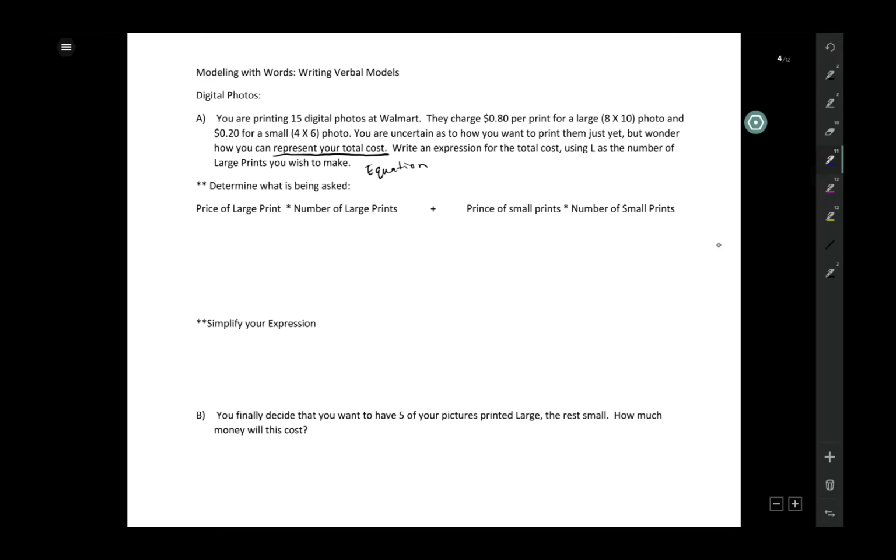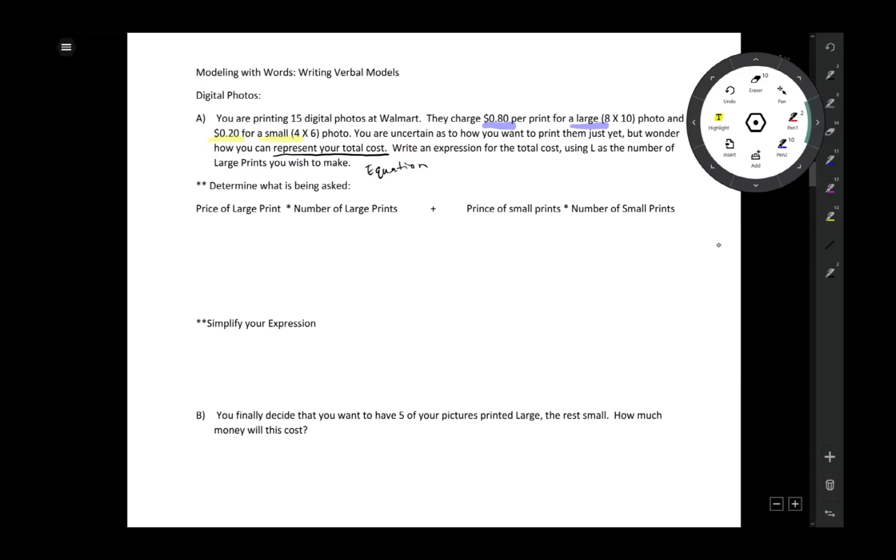So you need to think, what is everything we are given? Well, we know the price for a large print and we know the price for a small print. And we know that we have 15 total pictures.